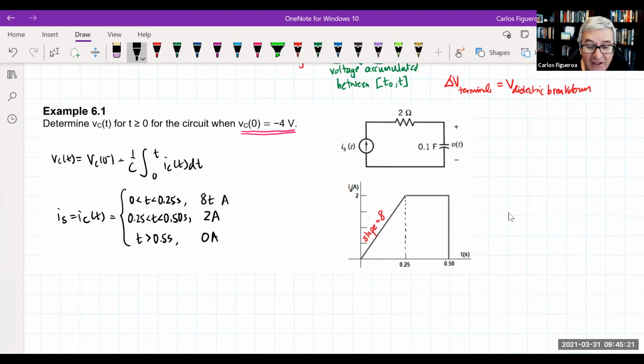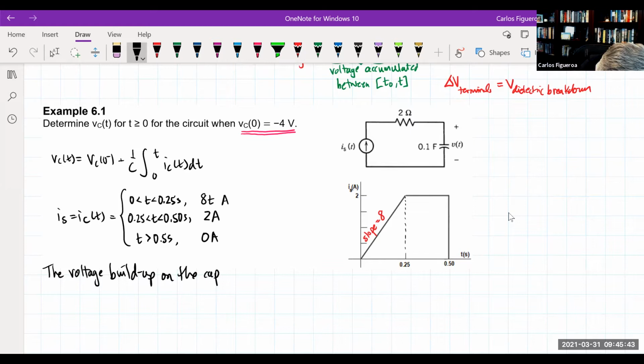So now I could go in and look at these intervals. When I look at this whole equation, the voltage built up on the cap is going to be, well, what's the initial voltage of the cap?